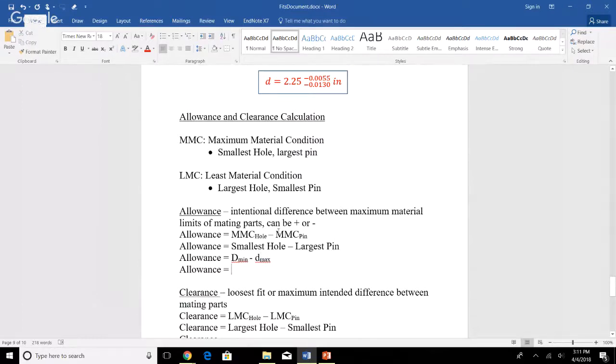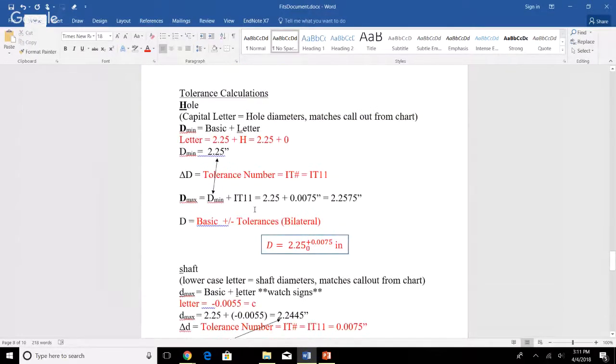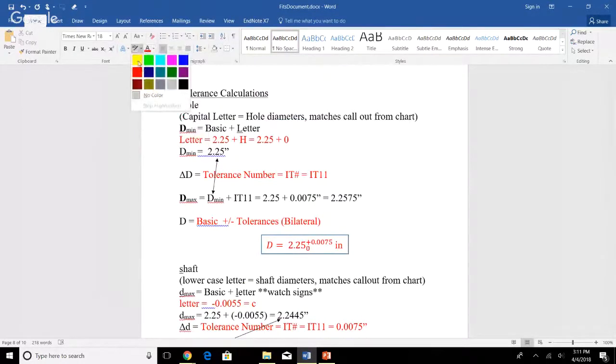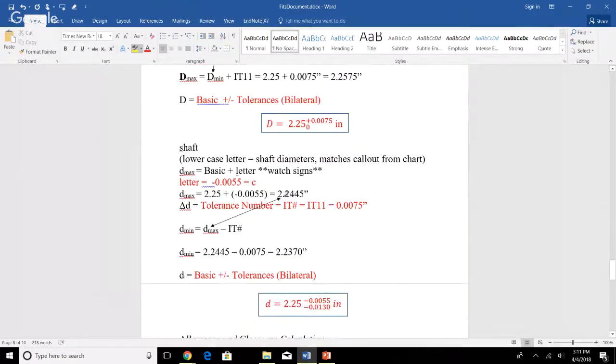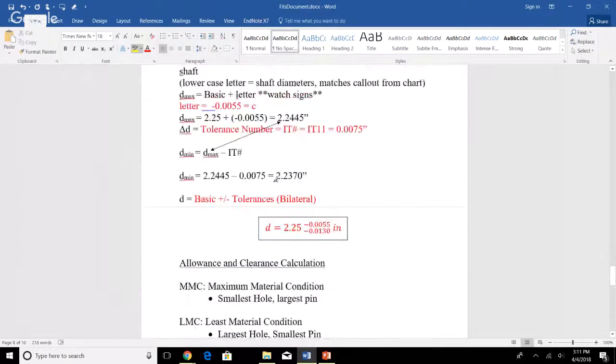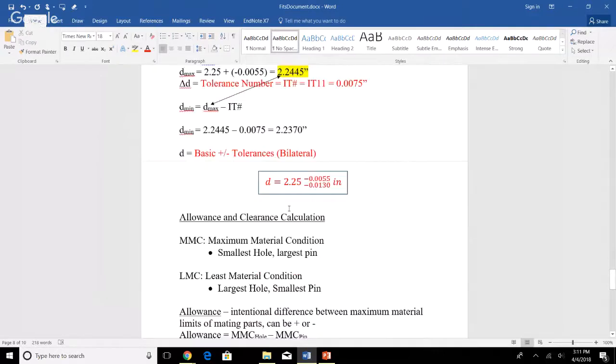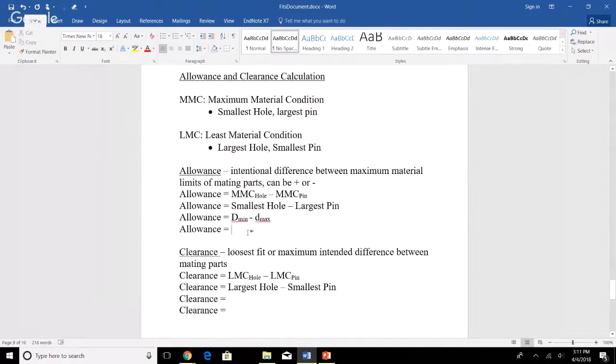And then when we come on up here, we'll see our D minimum given right here, and then our D maximum, which we calculated right here. I'll go ahead and highlight these in yellow, and then come on down here, and we'll just write them out and solve for our allowance.